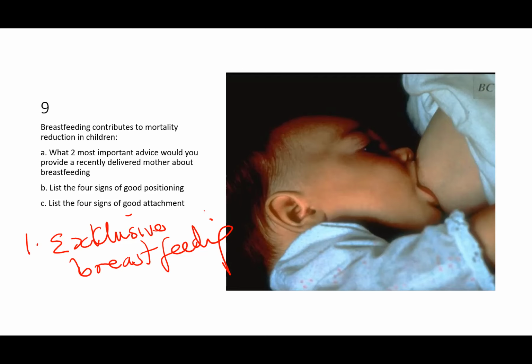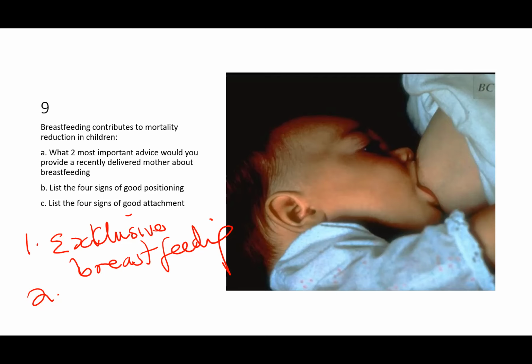So number 2, you have to encourage breastfeeding on demand. A child is not like adults. You say you want to give the child breakfast, lunch, and dinner. You just kill that child. Just give the child breastfeeding anytime the child wants, because that is the only way a child communicates, by crying.